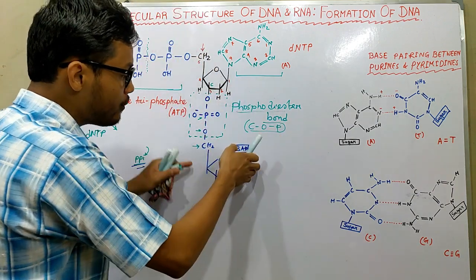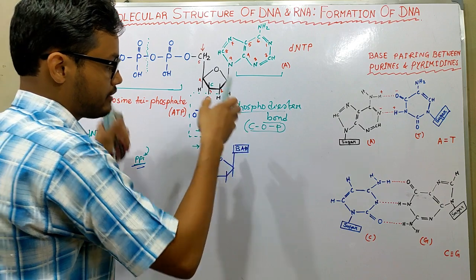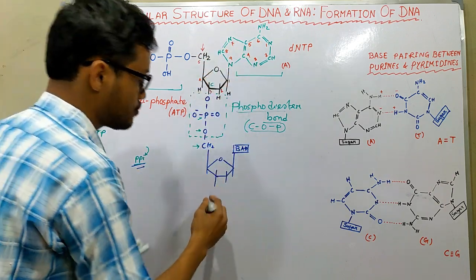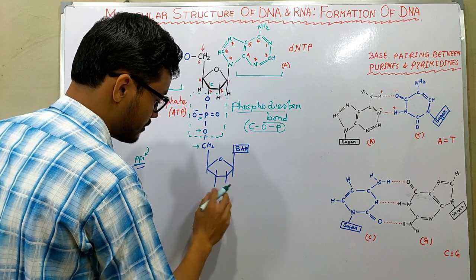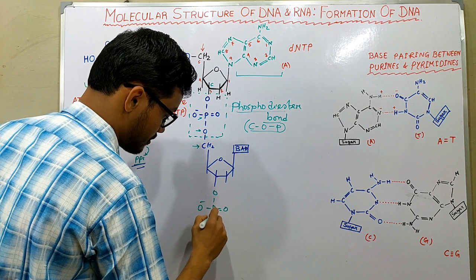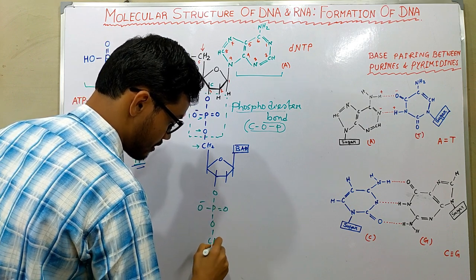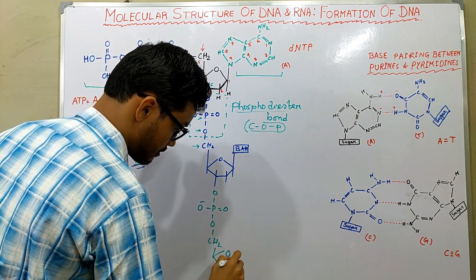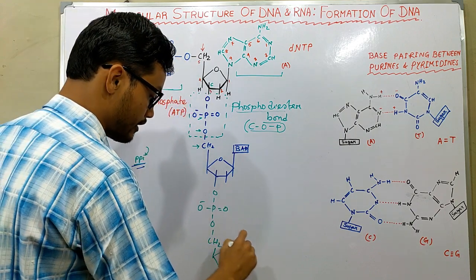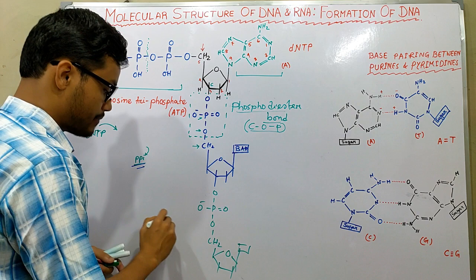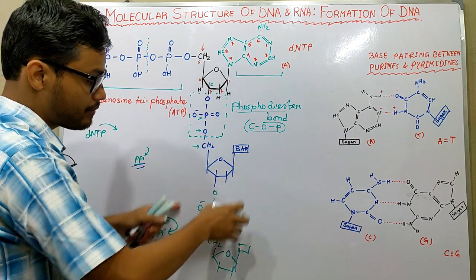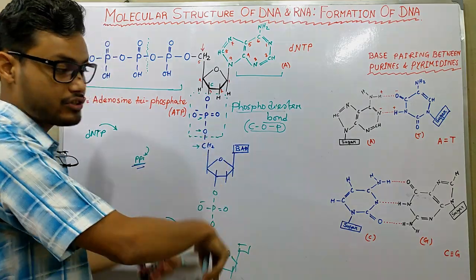So a new nucleotide triphosphate binds with the previously positioned nucleotide triphosphate, and so on. Another nucleotide triphosphate comes and pyrophosphate is released, and it forms a new phosphodiester bond and produces a chain.